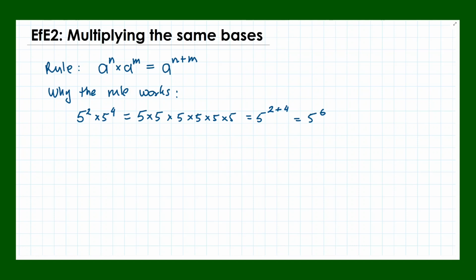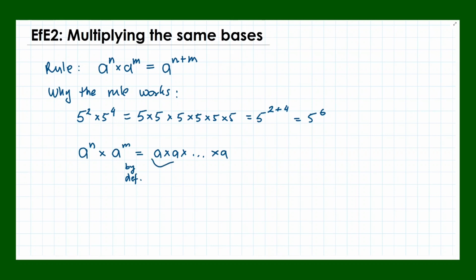Now let's go over it again, but this time use the generic notation. So a to the n multiplied by a to the m. Well, again, by definition, a to the n is a times dot dot dot times a. Now, in mathematics, these triple dots mean keep going with the same pattern until you reach wherever point you want to go.